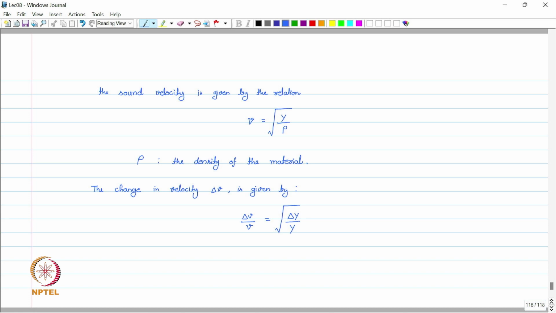And in the alloy we mentioned, a change in V of about 10% can be obtained.